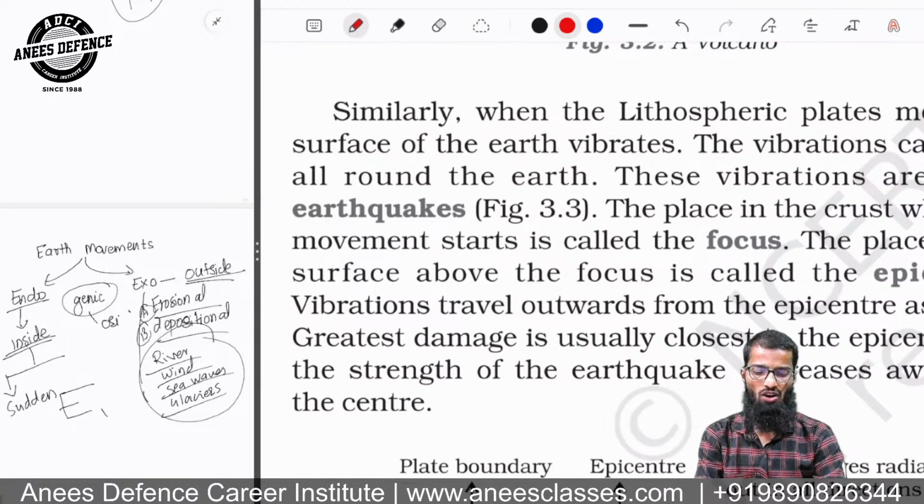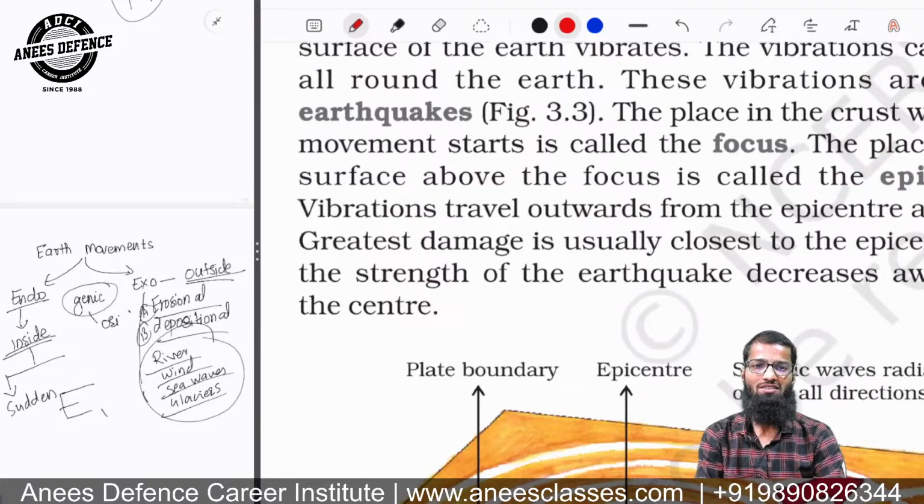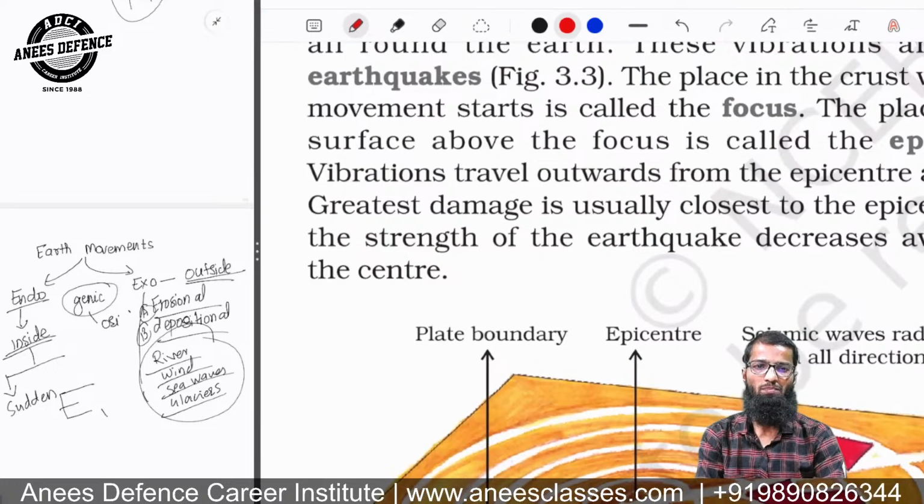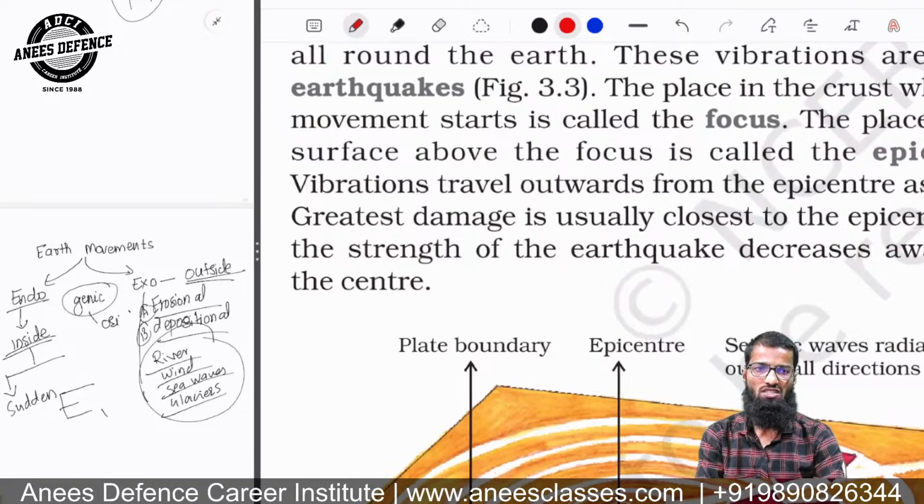Now, the question which was asked by NDA was, what is the difference between the focus and epicenter? Remember that the place in the earth crust where the movement starts, or the crack happens, is the focus. It is inside the earth. That is also called the hypocenter or the focus. And the place on the surface exactly above the focus is called the epicenter. Epi means above the focus.